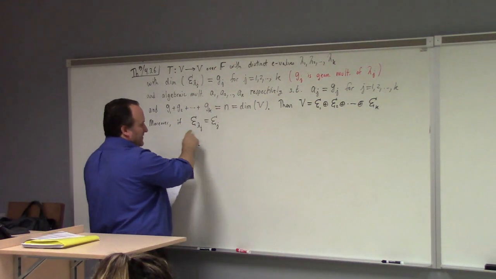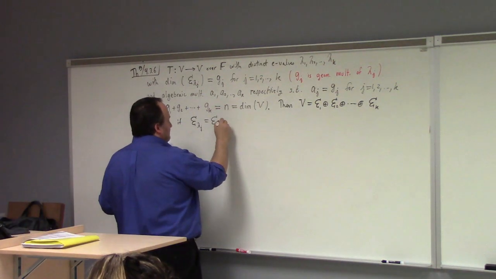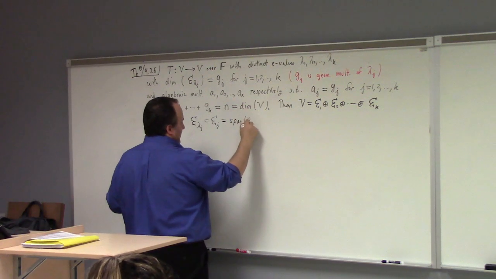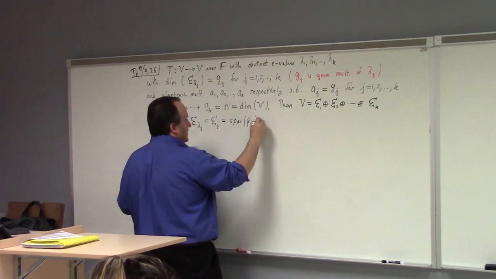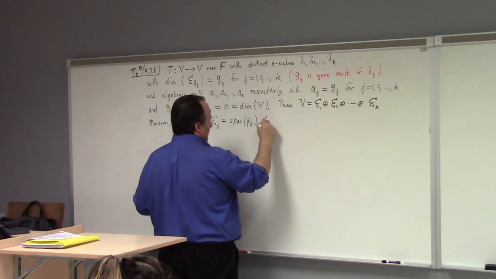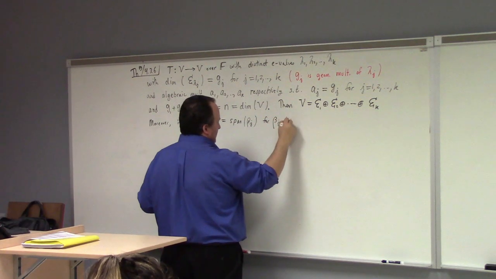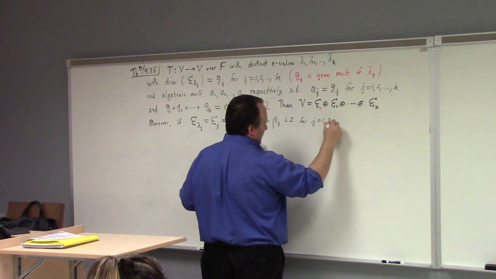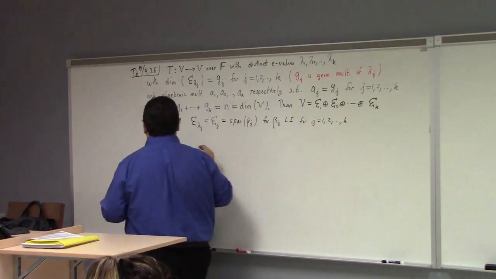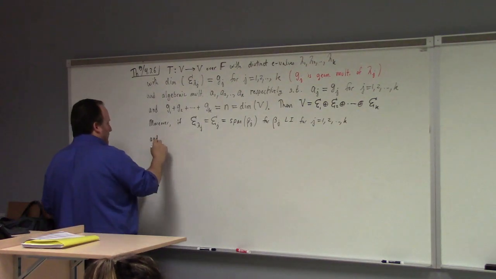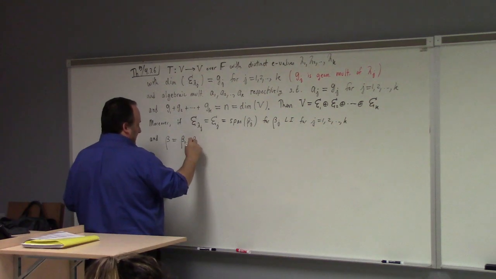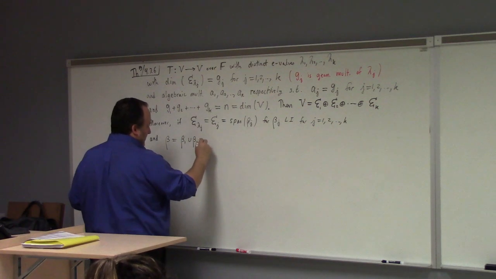Anyway, with this notation in mind, if this is equal to the span of beta j, for beta j linearly independent, j ranging from 1 to k, and we make the basis for V the concatenation of these eigenbases, for each eigenspace, right?